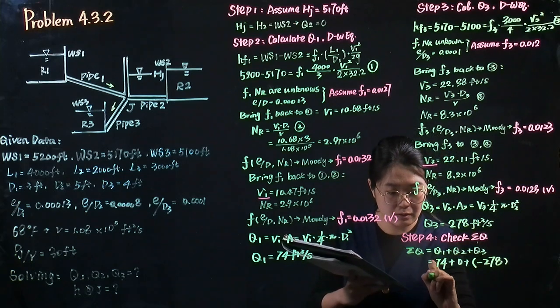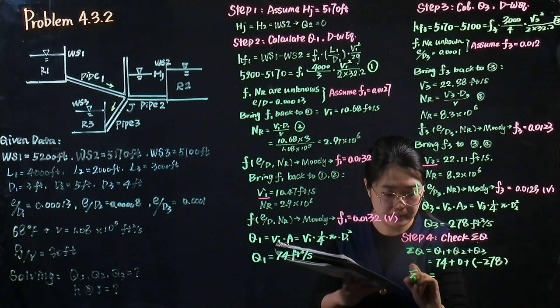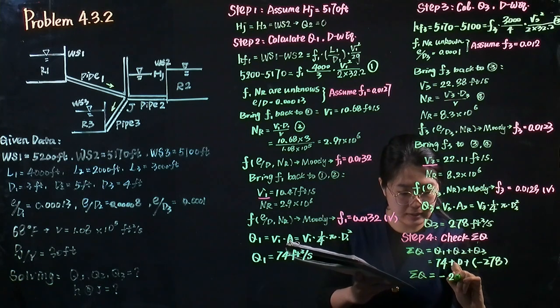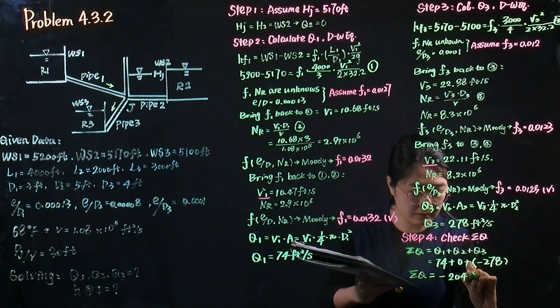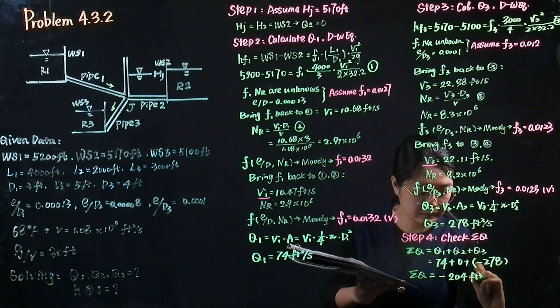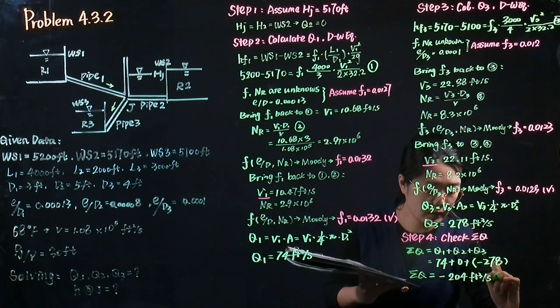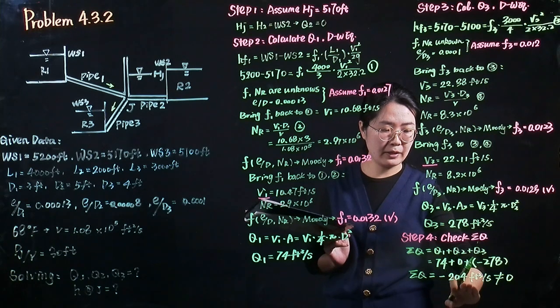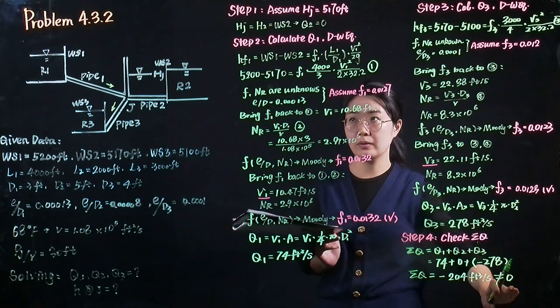So it equals negative 204 cubic feet per second. Because sigma Q equals a negative value, it doesn't equal 0.